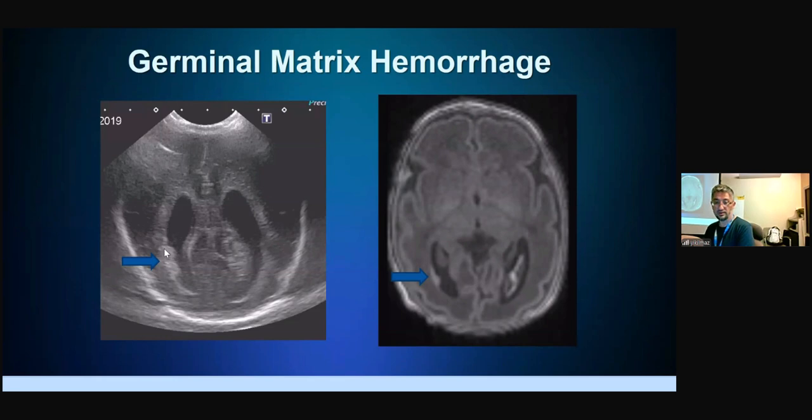Another one, there is this echogenicity along the occipital horn of the lateral ventricle. And this choroid plexus? No, choroid plexus does not extend to the lateral wall of the ventricle. As you can see here, this was actually hemorrhage on the MRI. And also some hemorrhage here too.